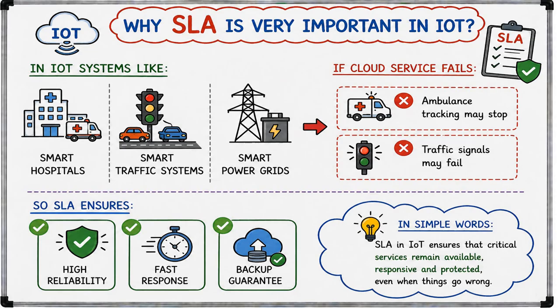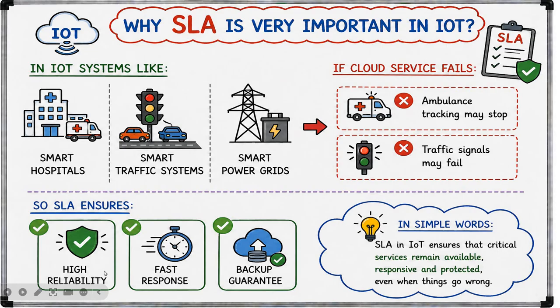So the SLA ensures high reliability, that is, the system works continuously with minimal failure. It includes high uptime of 99.9% or more and stable performance, and it is important because critical systems like hospitals or traffic must not stop working, and it ensures continuous operation for essential services.